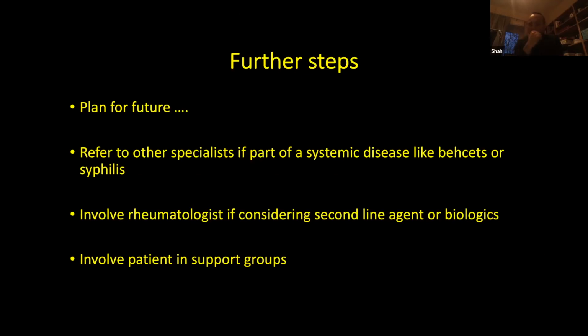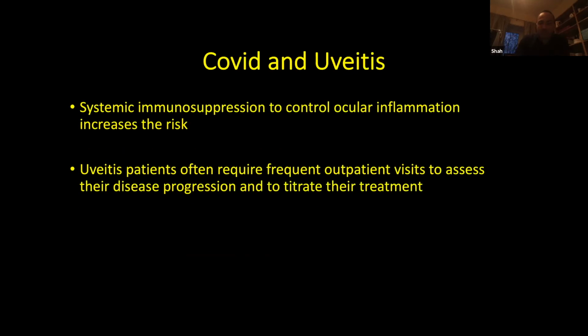So it's important to involve them in support groups, because nobody really thinks about that. But these patients are often looking at chronic ongoing treatment. Sometimes it's only the eye that's affected, and yet you are putting them through very large quantities of immunosuppressants, which can affect them otherwise. So please do think about that when you're managing these patients.